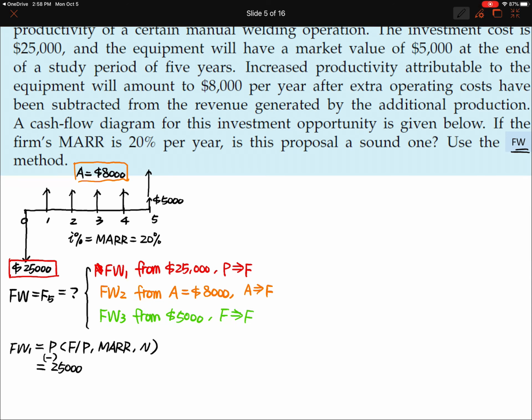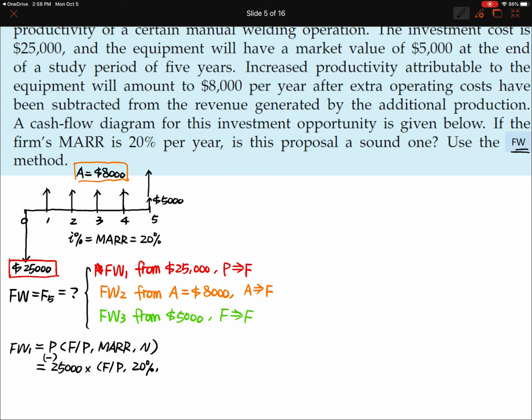Be careful because this is expenditure, so you're gonna have a minus symbol in front of it. The minus or the negative sign only tells you it's an outgoing cash flow, it's expenditure. Okay, it's not some value lower than 0.